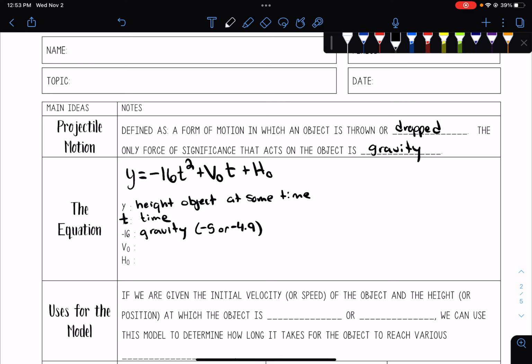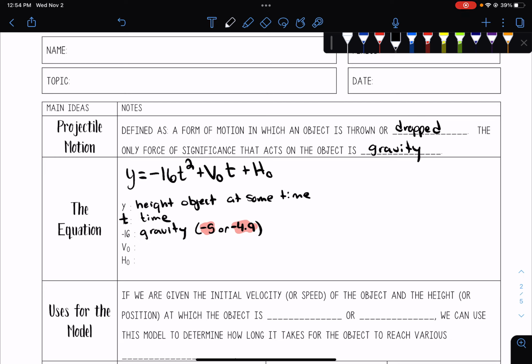Don't panic, it's the same problem. But other countries don't use feet and inches, they use meters. So if you're doing a question that's using something like meters, you're going to see negative 5 or negative 4.9 instead of negative 16, but it still represents the same thing. That is still gravity pulling the object to the earth.